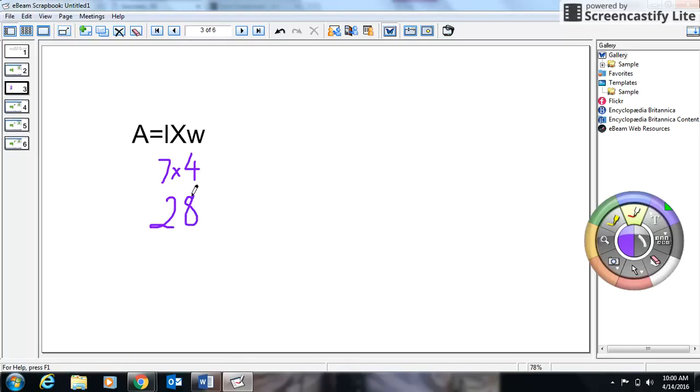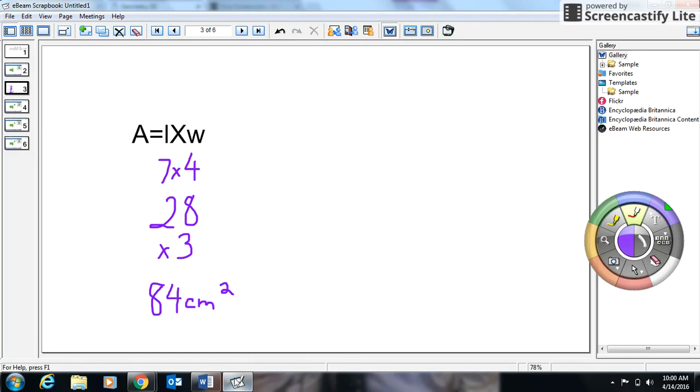But there are 3 of those rectangles, so I need to multiply that number now by 3. Well, I know 3 times 20 would be 60, and 3 times 8 is 24, so 60 plus 24 would be 84. So the area of those 3 rectangles of my Toblerone triangular prism is 84 centimeters squared.